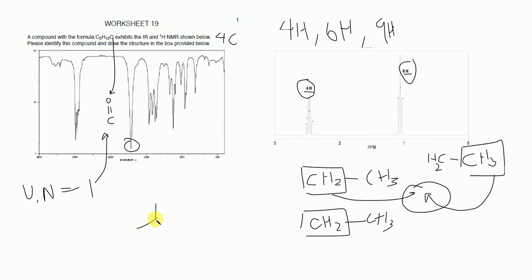So I have a carbonyl. And so essentially what my molecule looks like, it looks like this. So I have a CH2 next to a CH3, right? And I have two of them. So the carbonyl is in the middle, splitting them in half and making this symmetric. And essentially I have two CH2s that correspond to the same CH3 environment.